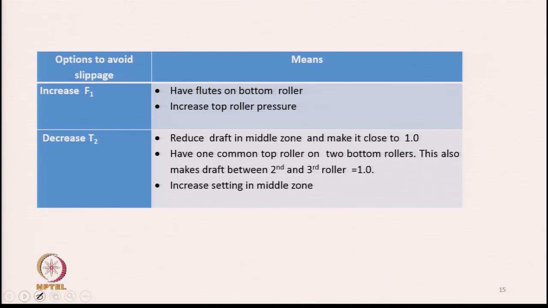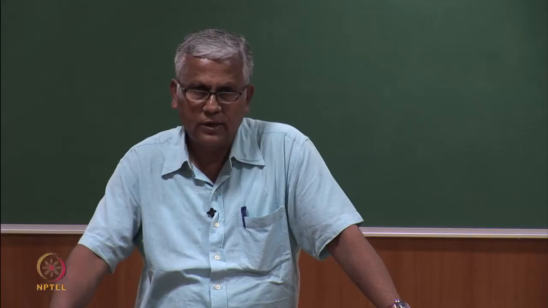The other thing is, we can increase the top roller pressure. Ultimately friction is always mu into N. So, N can be increased by increasing the force on the top roller. But here we have to remember that too much force is going to bend the rollers also. The roller has to rotate against this vertical force that we apply on them.